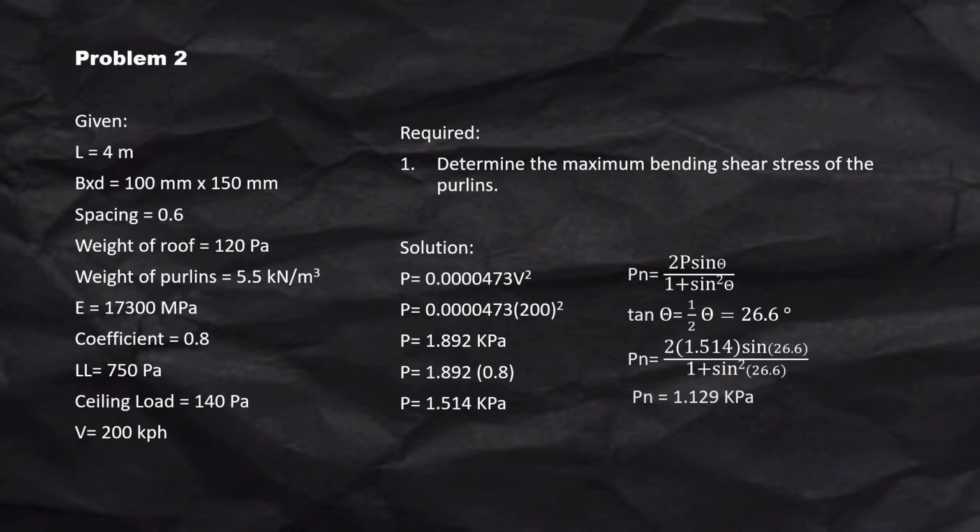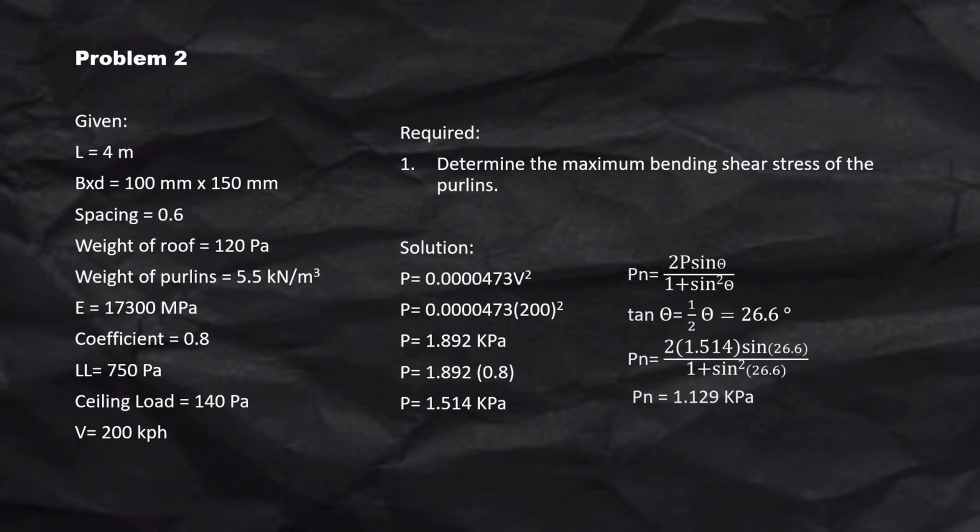E is equals to 70,300 MPa. Coefficient is equals to 0.8. Live load is equals to 750 Pa. Ceiling load is equals to 140 Pascal. And V is equals to 200 kph. Required, determine the maximum bending stress of the purlins.